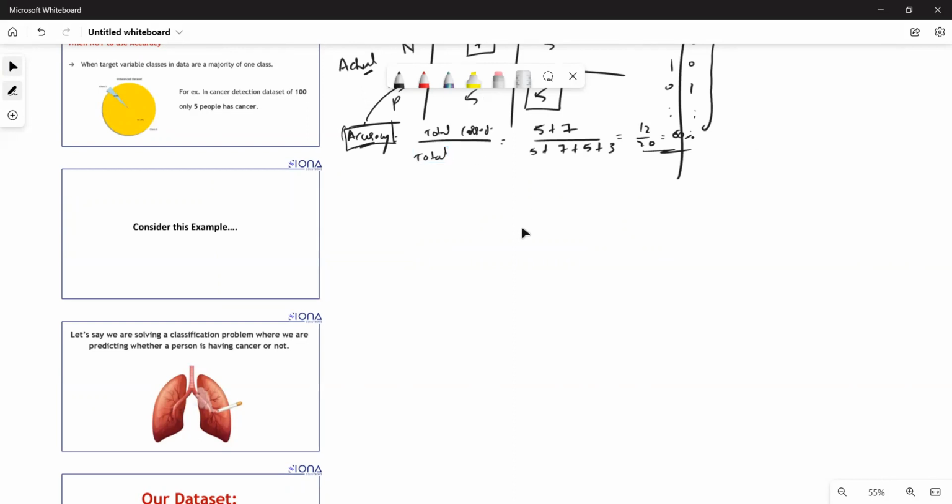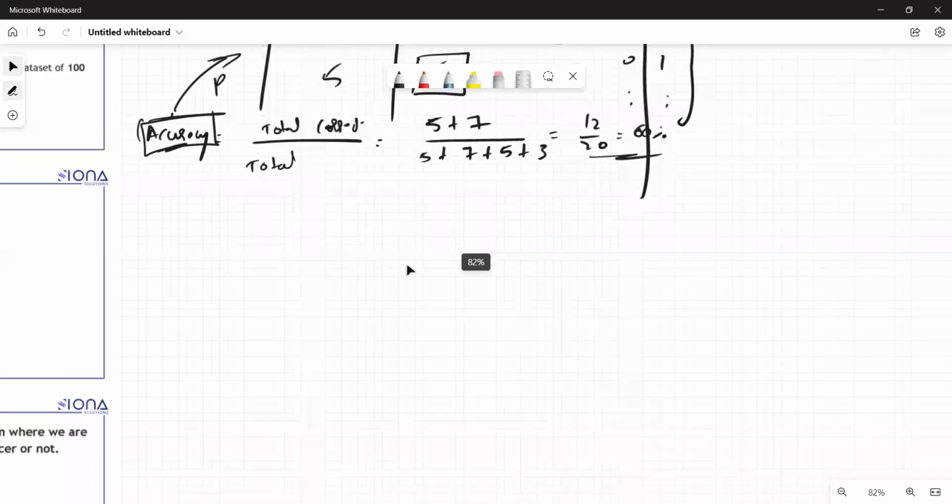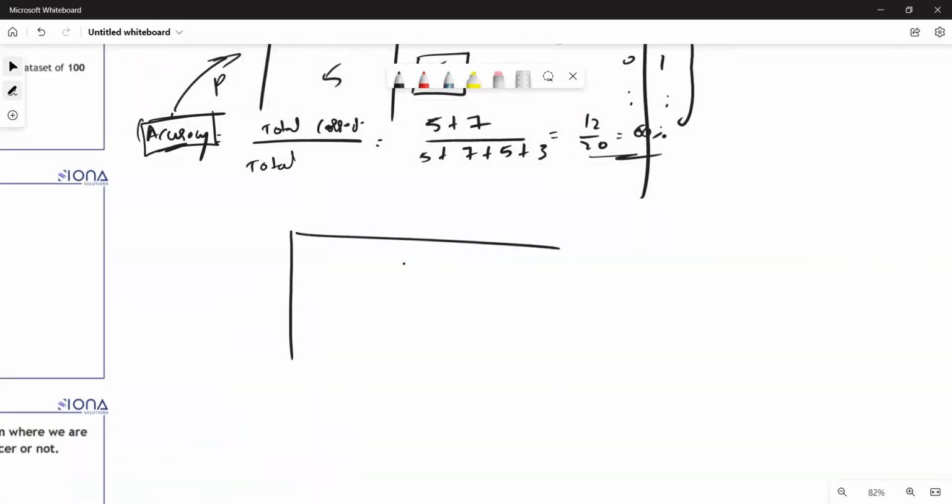Now let us move ahead and understand each variable in a confusion matrix. Let me draw a new confusion matrix. We have the predicted here and the actual here, negative, positive, negative, positive.